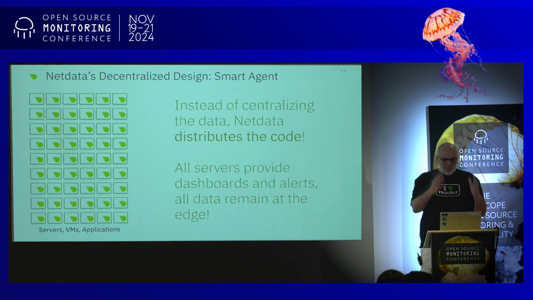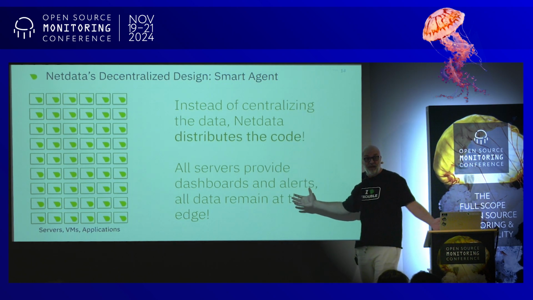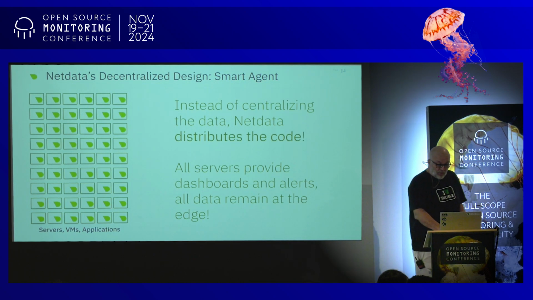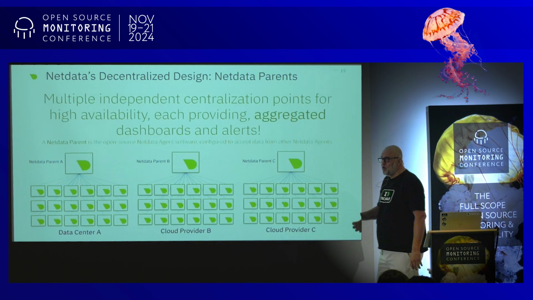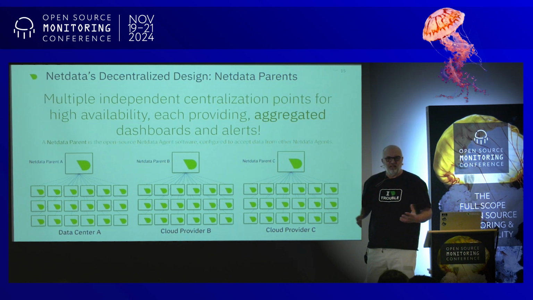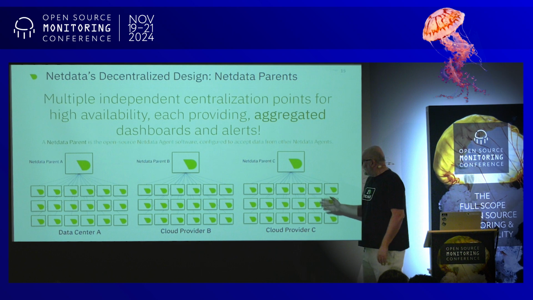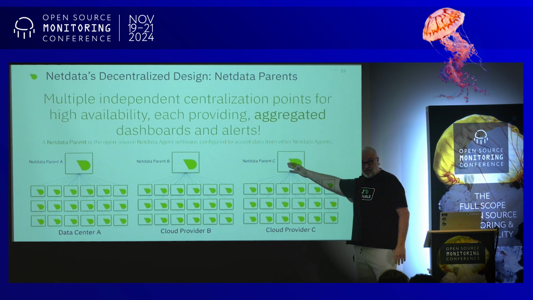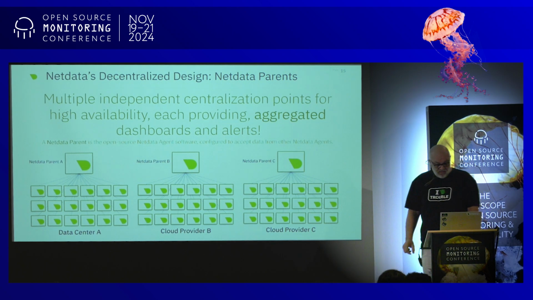You understand that the moment you do this, all the central stuff disappears. Then you can have mini centralization points. When you have ephemeral nodes or Kubernetes clusters or something that will not be there forever, the same software can act as a parent. But you can have as many of them as you want.